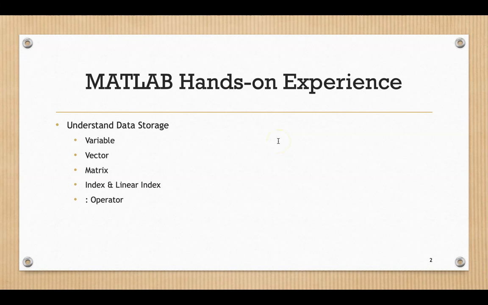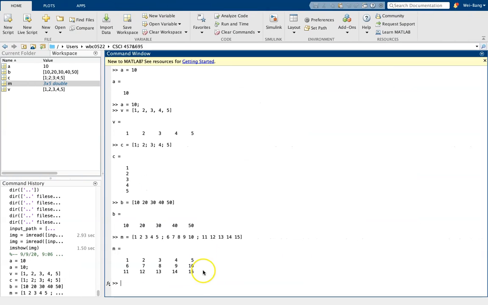The next topic we talk about is index and linear index. We will talk about this through different types of variables. If it's a variable with a single value, to access the single value, you can simply type a. For example, if I want to retrieve 10, simply type a.